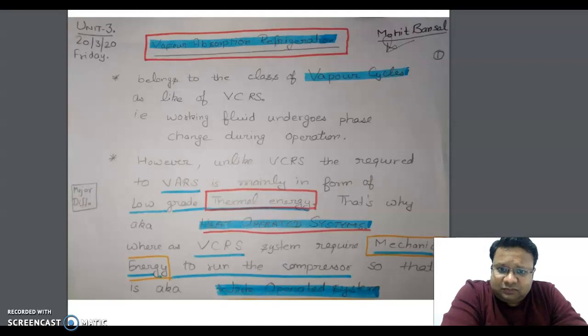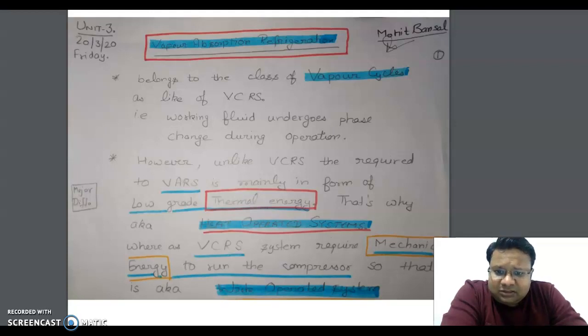Here also, when we study the vapor absorption refrigeration system, the refrigerant vapor will change its phase during its course of action. So this may be treated as a similarity between the VCRS, vapor compression refrigeration system, and the vapor absorption refrigeration systems.